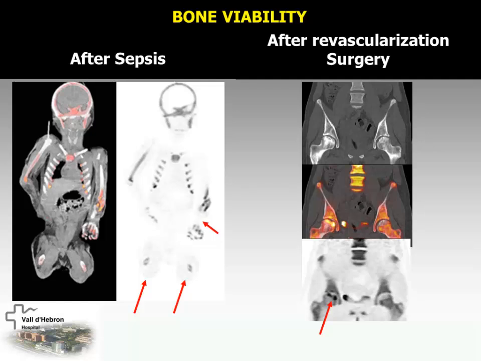And in this case, we can advise the traumatologist whether they have to re-intervene surgically on the child or not. Or on the right, you can see some images of a PET with fluorine for the follow-up of revascularization surgery in case of femoral head osteonecrosis.